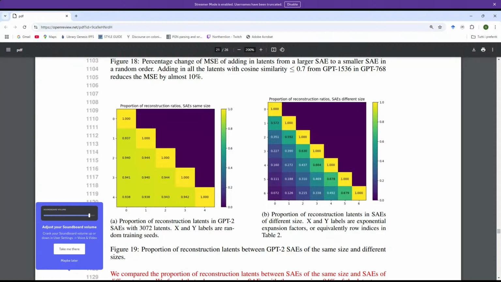So the question that I posed is, okay, if you double again, and again, and again, will you ever reach 100%, where the new SAE size does not find any new latents? Or do you only ever reach that in the infinite width limit?